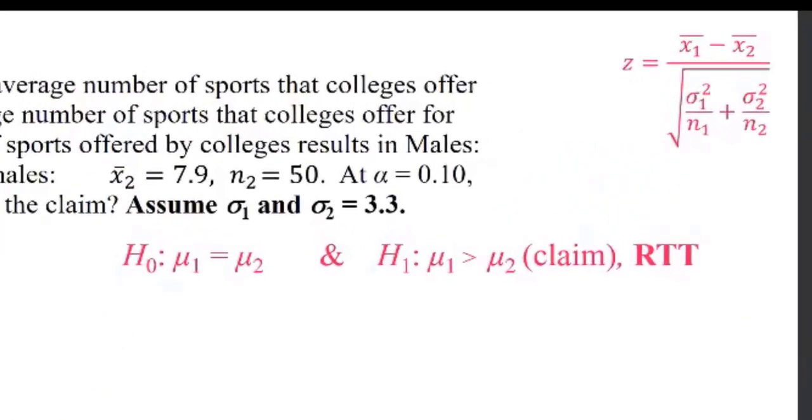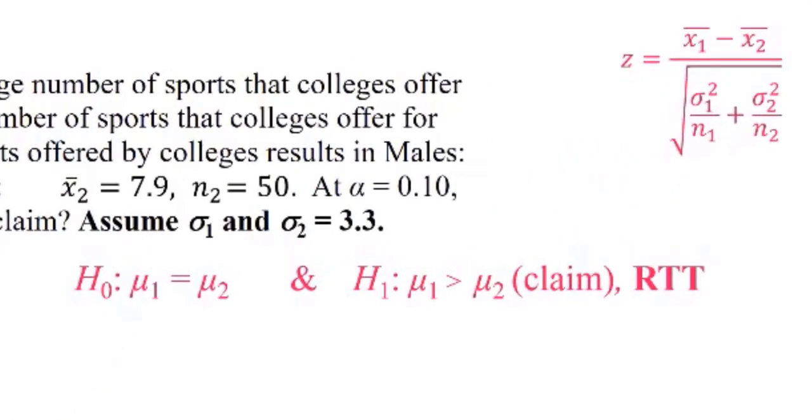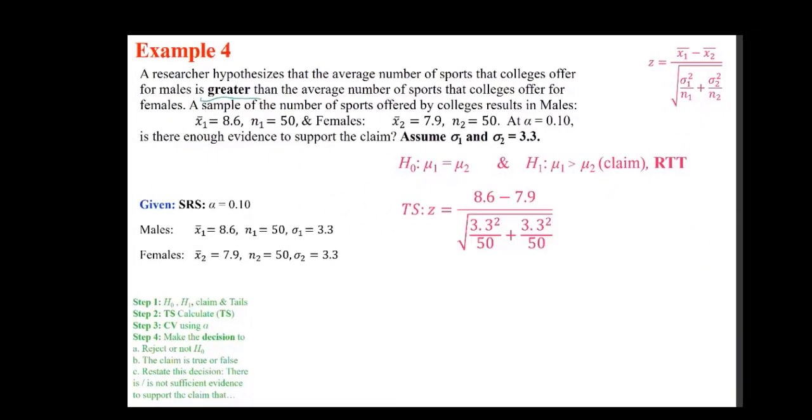So assuming sigma 1 is equal to sigma 2, we use the Z test, 2 population Z test. With that being the case, what is given, everything is given symbolically. H0: mu1 equals mu2, but what is H1? Right tail test, and that is the claim. We use the top right formula and we plug in all the numbers that are given, and we end up with a test statistic of 1.06.